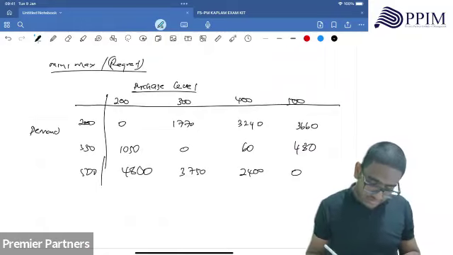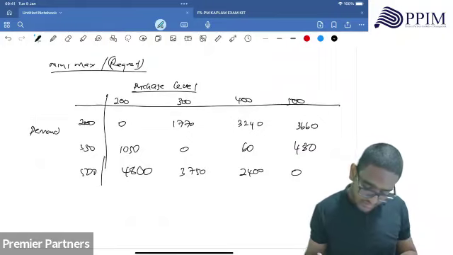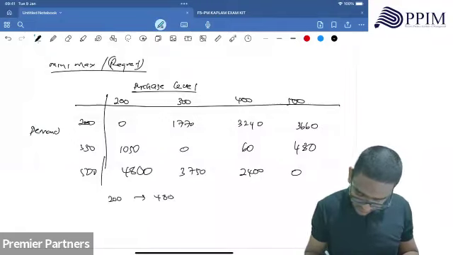So under minimax, what do you do? You have your maximum regrets, find the minimum out of it. So what is the minimum regrets? Sorry, find the maximum regrets. So at 200, it's 4800. At 300, 3750.